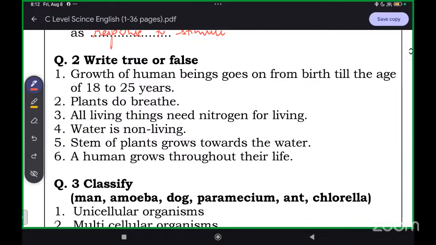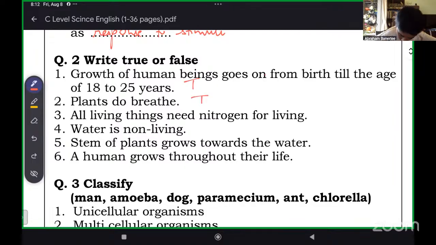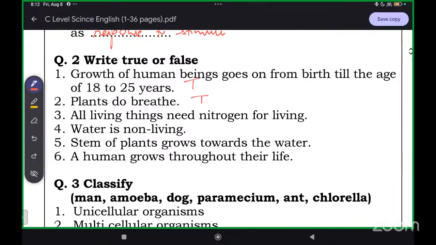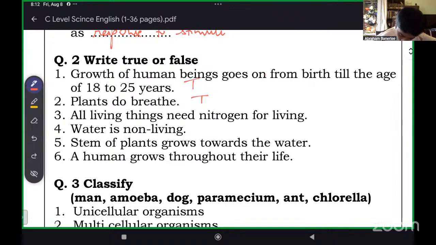True or false? Growth of human beings goes from birth till the age of 18 to 25 years. True. Plants do breathe. True. All living things need nitrogen for living. False. I think only plants.